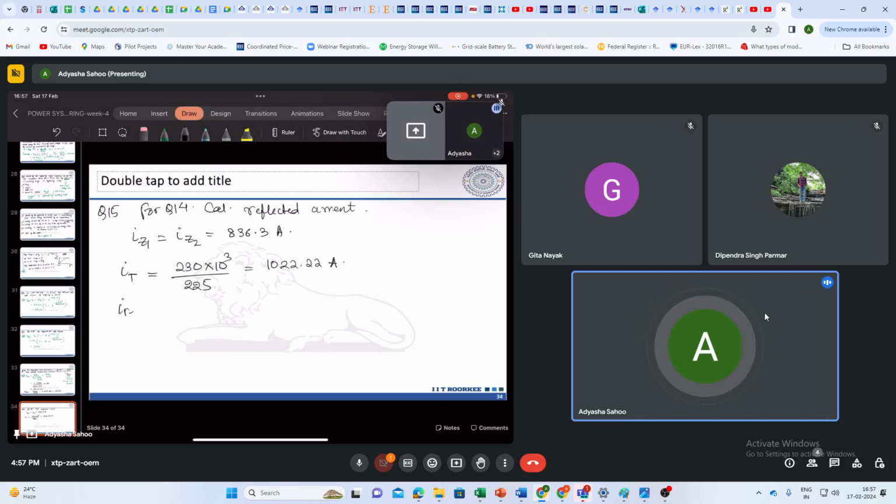So the I reflected can be calculated as 2 into 836.3 minus the I total. So that comes out nearly 650.38 ampere.